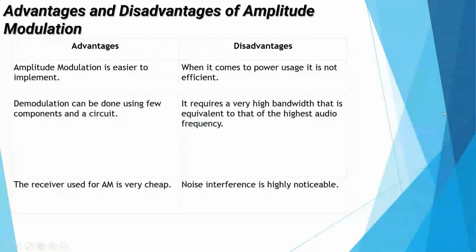Okay, this is the advantages and disadvantages. Amplitude modulation is easier to implement, but it is not efficient when it comes to power use. The advantage of the modulation in this case is that demodulation can be done using few components in the circuit, but it requires very high bandwidth, equivalent to the highest radio frequency.